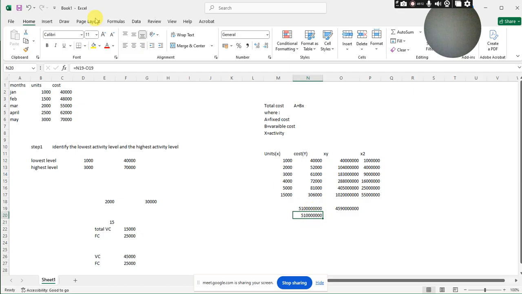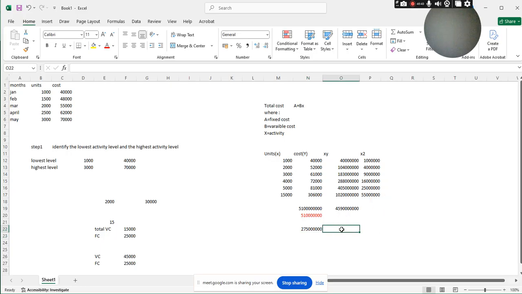So let me color this one red, because this is what we are working with now. Are we following? Yes. Okay, then let's get the denominator. The denominator is equal to 5 summation x square, this is our x square, abi? So 5 multiplied by this, our x square. Enter.